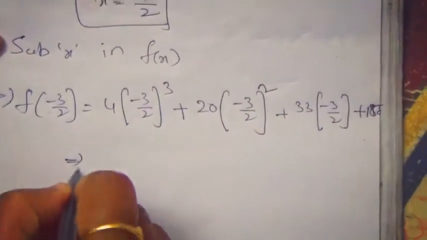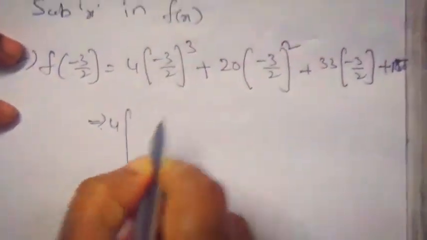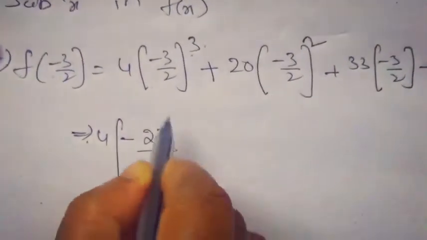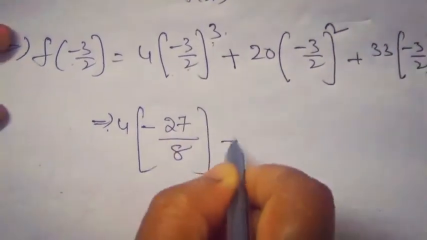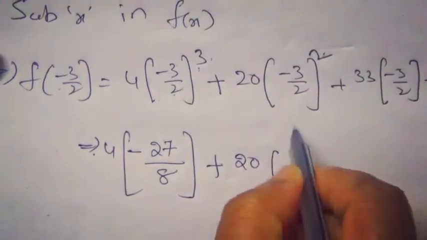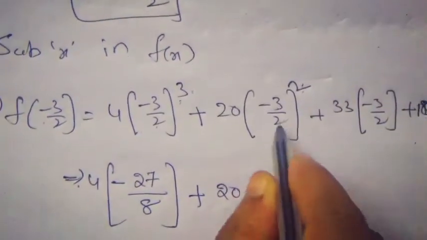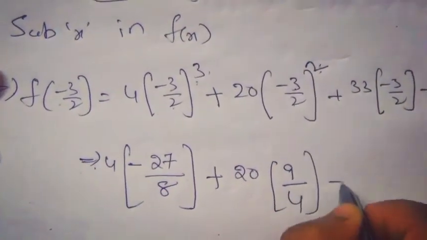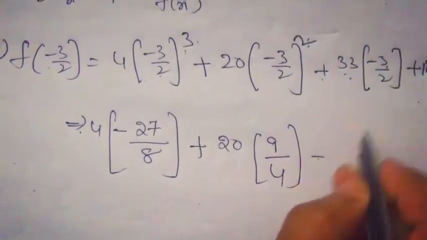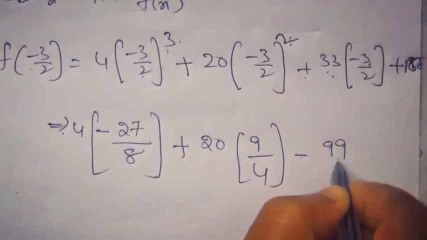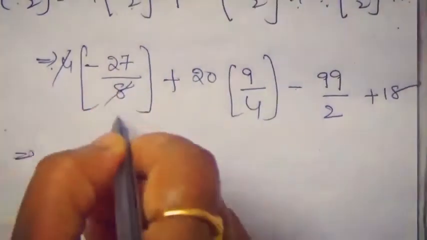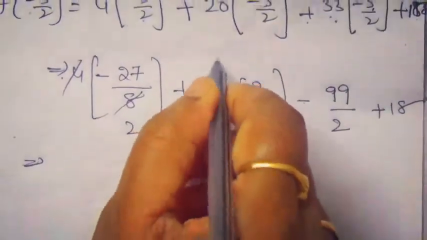That implies 4 of, here odd power, so minus remains, 3 cube means 27 by 2 cube means 8, plus 20, here even power, so it becomes 3 square means 9 by 2 square means 4, plus of minus 33 into 3, 99 by 2 plus 18. Okay, that implies here 2 times 4, 5 times.